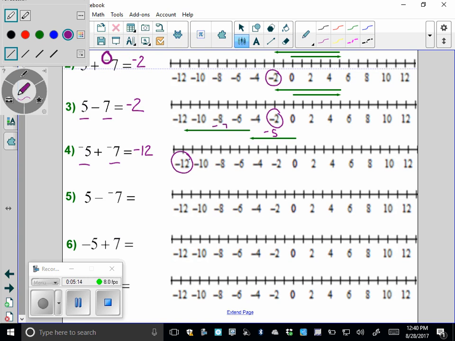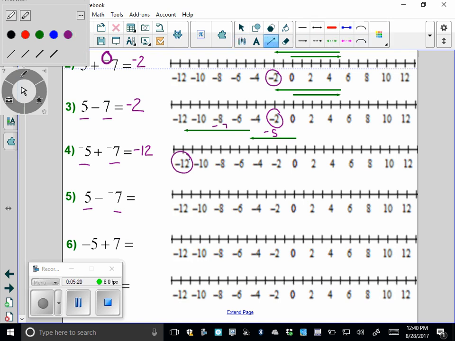Okay, now we're going to take a look at 5 take away negative 7. So I start at 0 and I go to 5. If I were subtracting 7, I would go left 7 units, but I'm subtracting the opposite of 7, which means I'm going to do the opposite.